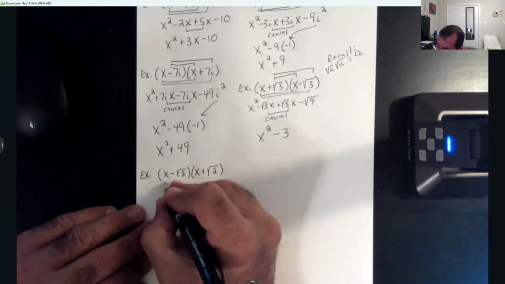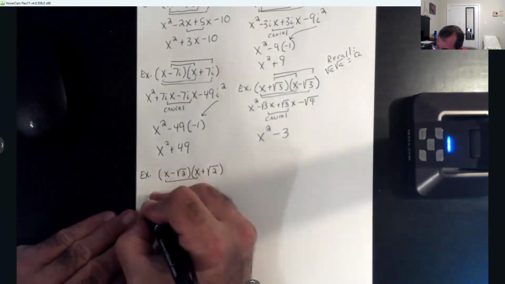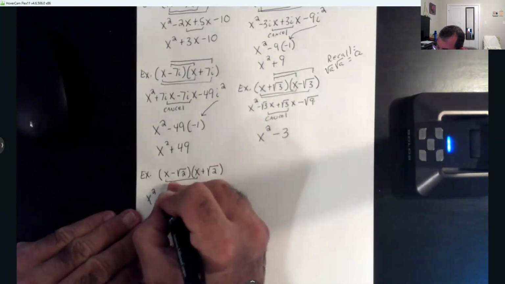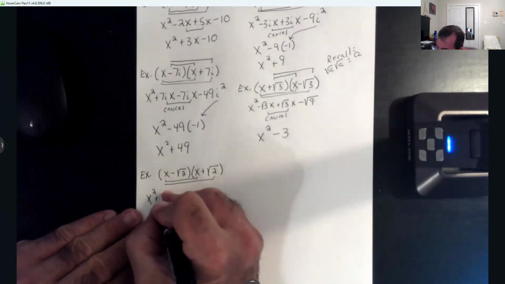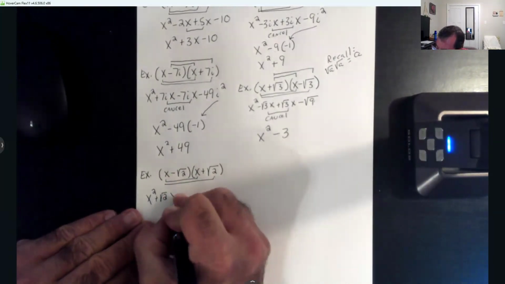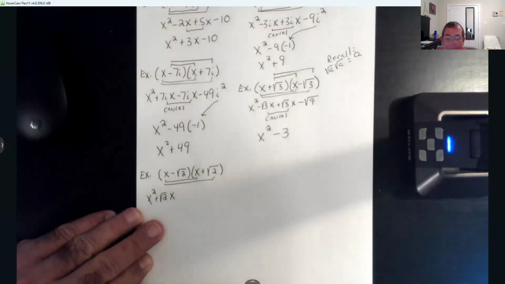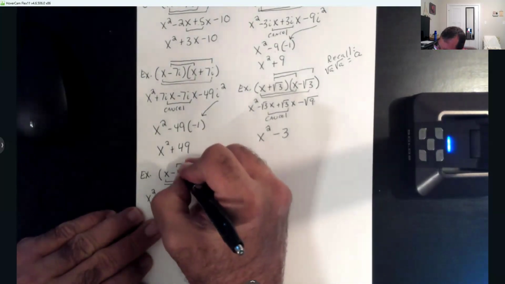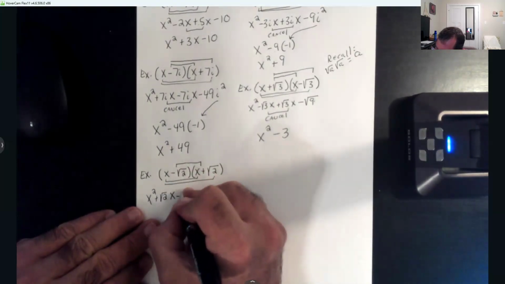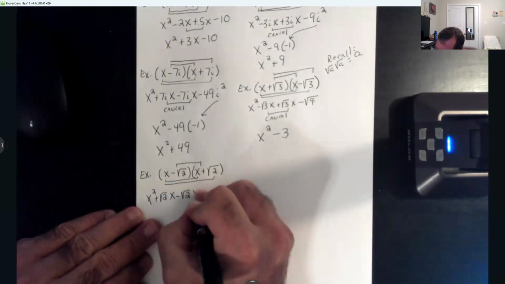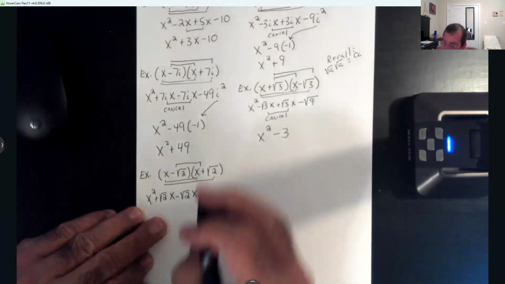All right, y'all, so here we go. x times x is x squared. x times the square root of 2 is a square root of 2 times x. And then we start on the center. Negative square root of 2 times x is a negative square root of 2 times x.